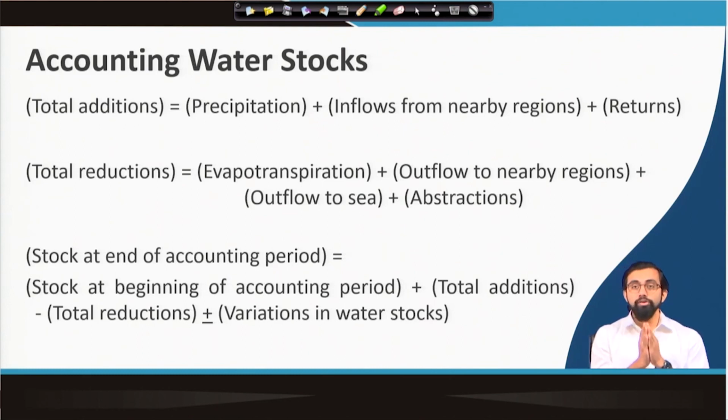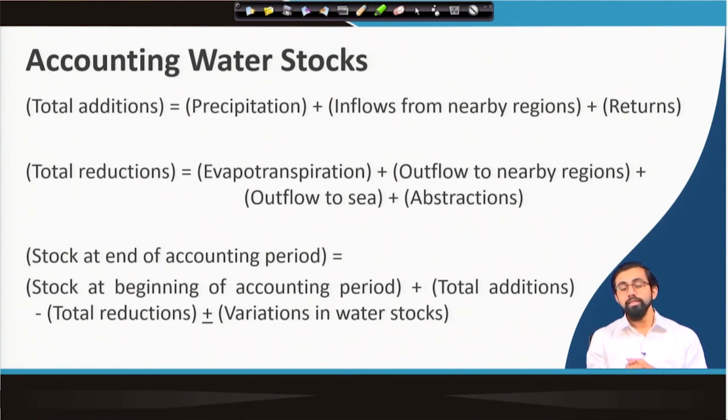Okay. Outflow to nearby regions because of the difference in gravity, because of the difference in the slope gradient and all. So, what happens, sometimes some amount of water gets lost, or sometimes it can somehow be leached out of the system. So, that is the outflow to the nearby regions.